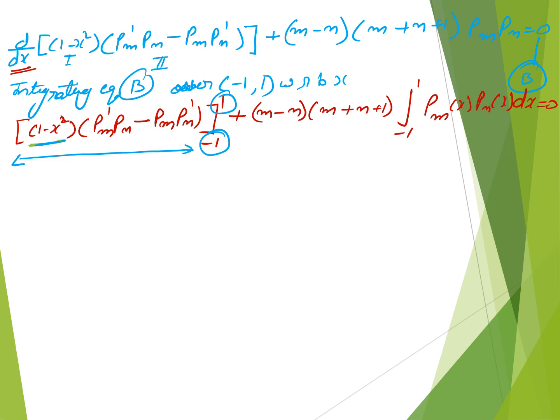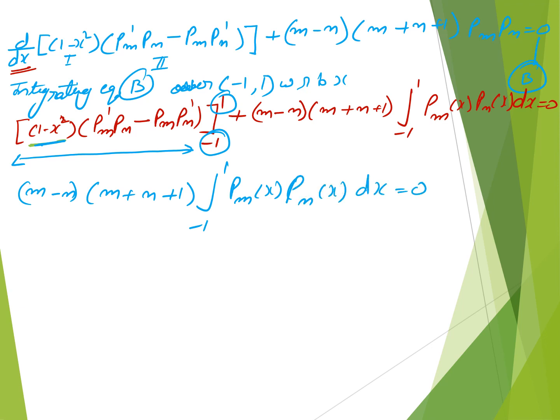So we only have the term m minus n into m plus n plus 1 into integration minus 1 to plus 1 Pm(x) into Pn(x) dx is equal to 0. Now this is the constant.